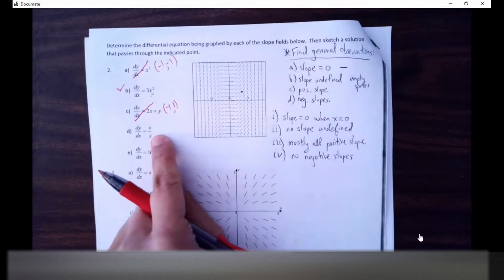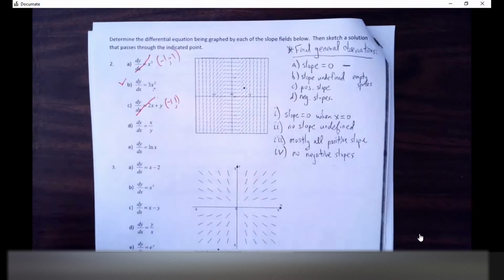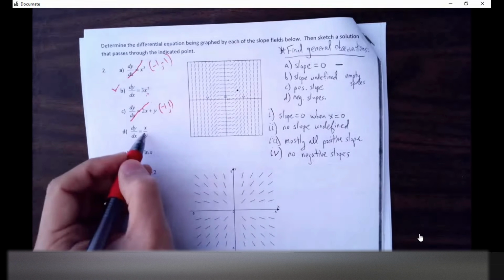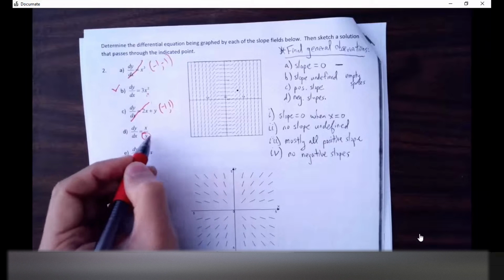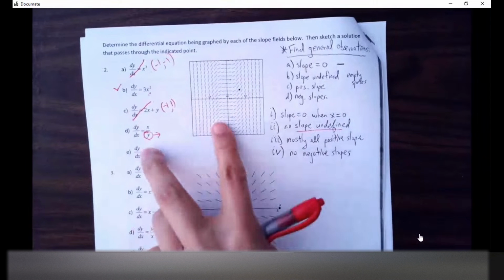All right, for D, what do you guys notice here? Why is this a wrong choice? Everything at the origin would be 0. Yeah, I'm seeing something undefined, right? And we already know that we don't see anything undefined, so that's conflicting.